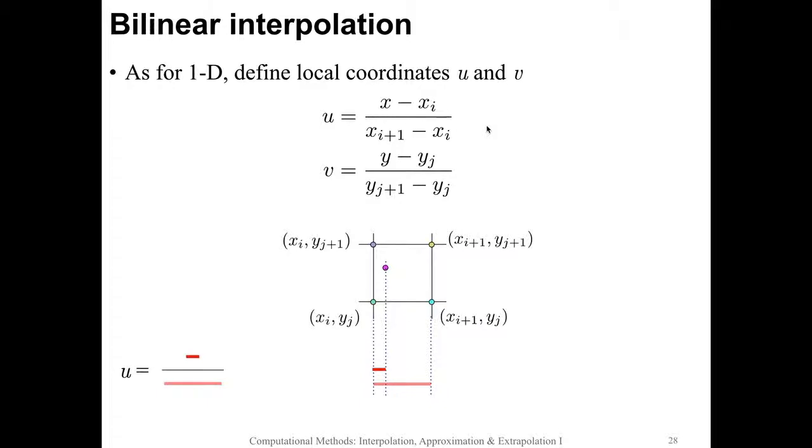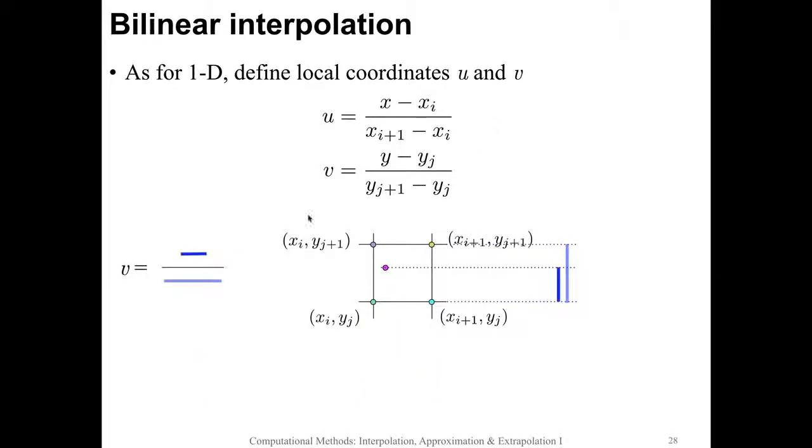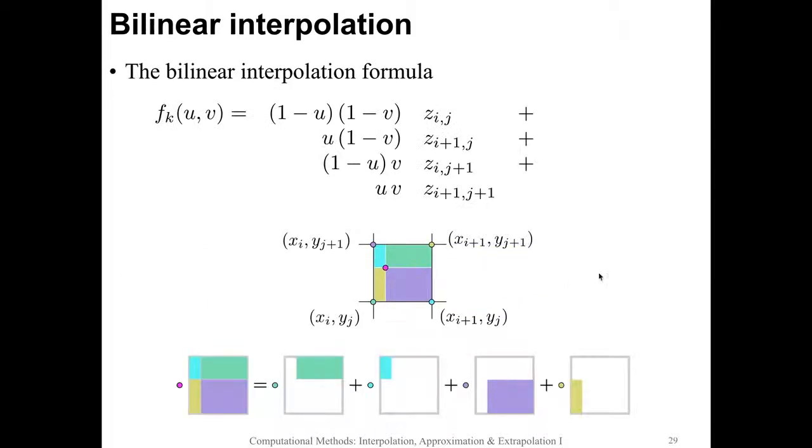And of course, y is actually very, very similarly defined. So in this case, dark blue over light blue represents the distance that we've moved up from yj towards yj plus 1, what proportion we've moved as a part of the whole gap between adjacent measurement locations. So these are just two local coordinates.